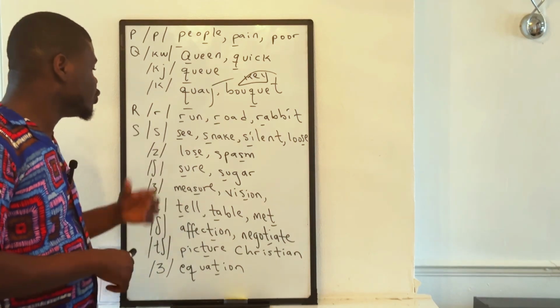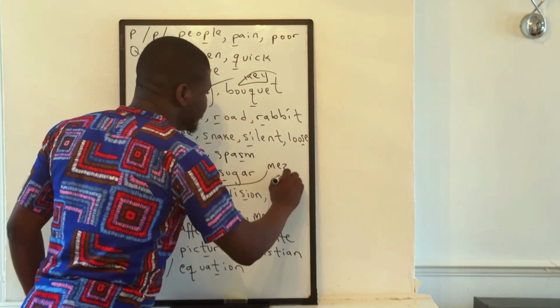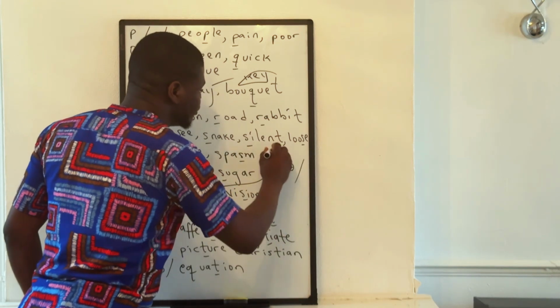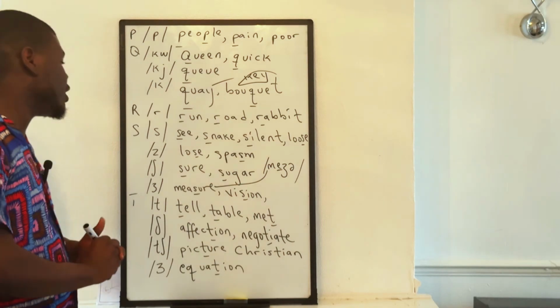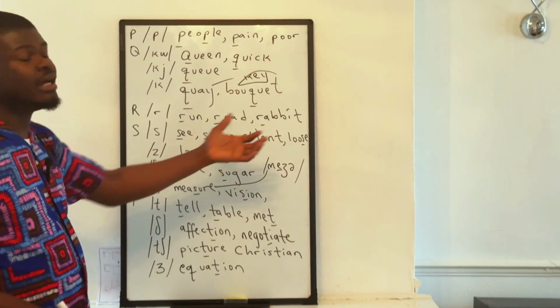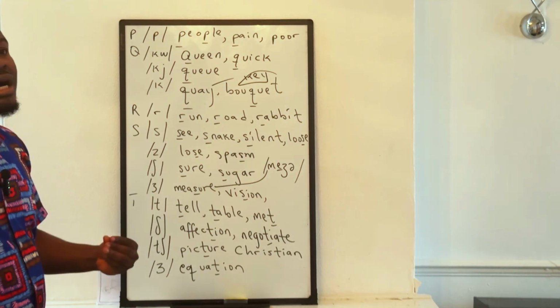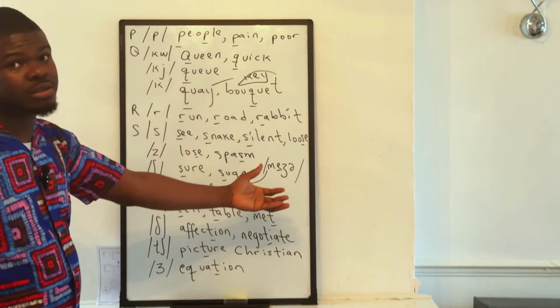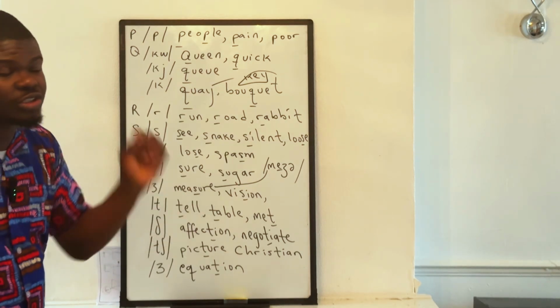Me, zh. So when you see S-U-R-E coming in that kind of situation, it most often will be pronounced as zh. Just S-U-R-E. I didn't say double S, just single S-U-R-E.